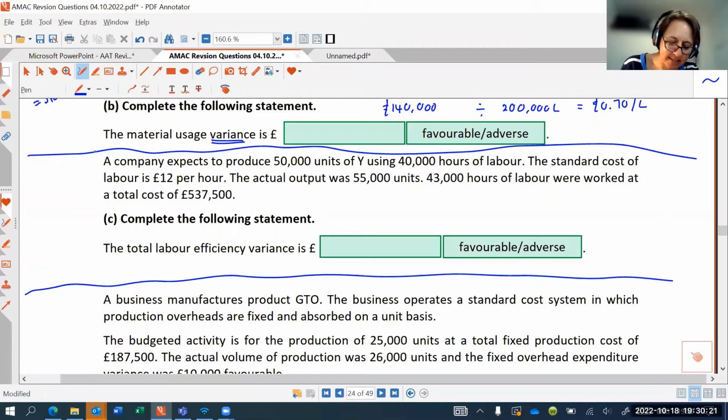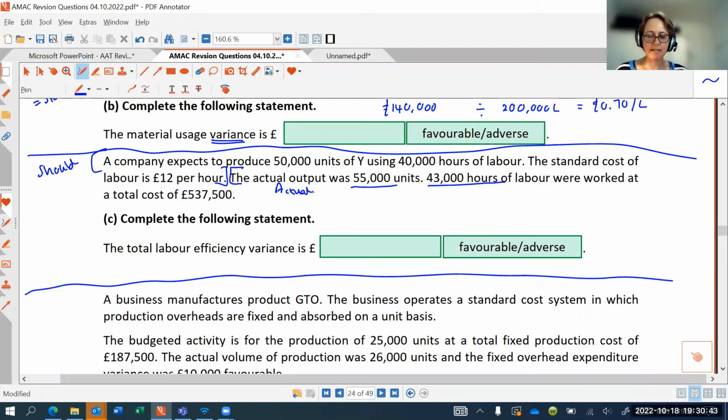Standard cost is. Can you see how all of that is what should happen? All of that is my standard or my expectation. Here is what actually happened. Actual output was this. Actual hours worked were this. Cost was this. This is where the actual information starts.